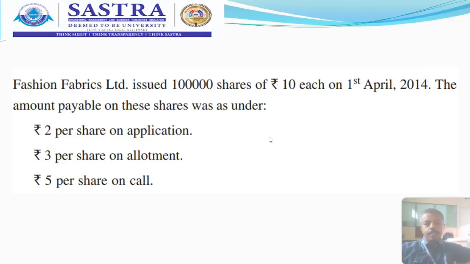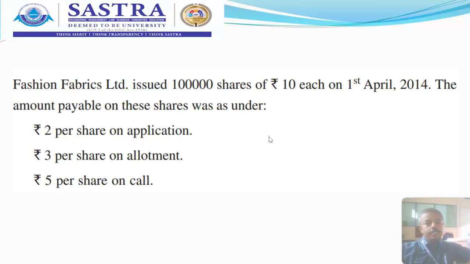In allotment, we pass the due entry first, next the receipt entry. And on the call, we pass the due entry first, next the receipt entry. That's how we need to have a mind map of a flow chart for passing journal entries for these transactions. Altogether we get around 6 journal entries.